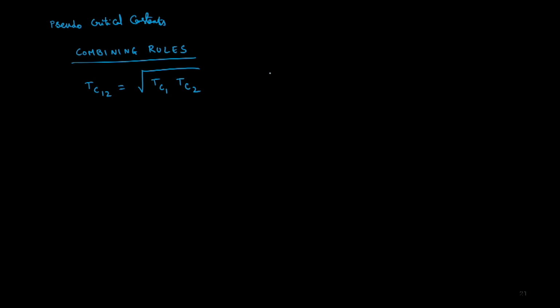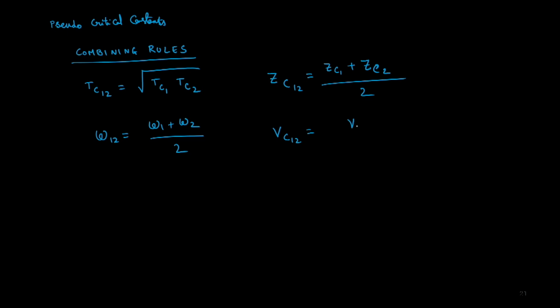Similarly, we take the arithmetic mean for obtaining the compressibility factor at the critical condition Zc12 and the acentric factor omega 12. Both of them are given by their respective arithmetic means, and the volume Vc12 is given as the arithmetic mean of their cube roots.